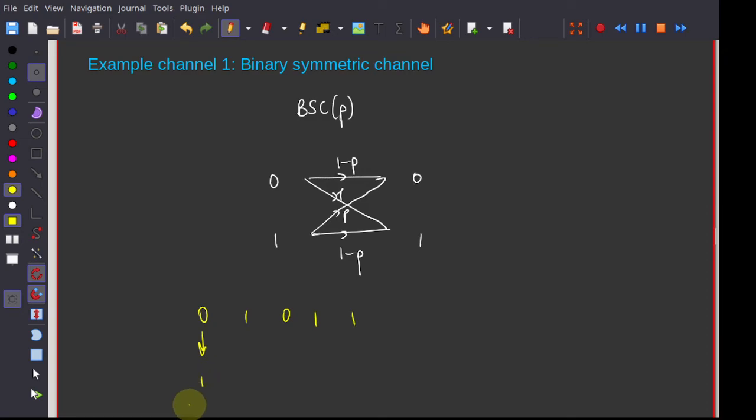With probability 1 minus p, you leave it as it is. Right, so you transmit a bit sequence, you receive another bit sequence, and each bit is independently flipped with probability p. Has anyone not seen the binary symmetric channel before? Okay.